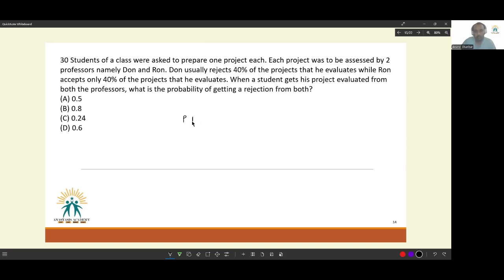So probability of acceptance from Don is 60%, or let's say 3 by 5, and probability of rejection from Don is 2 by 5, 40% rejection rate, while Ron accepts only 40% of the projects he evaluates. So probability of acceptance from Ron is 2 by 5, and probability of rejection from Ron is 3 by 5.